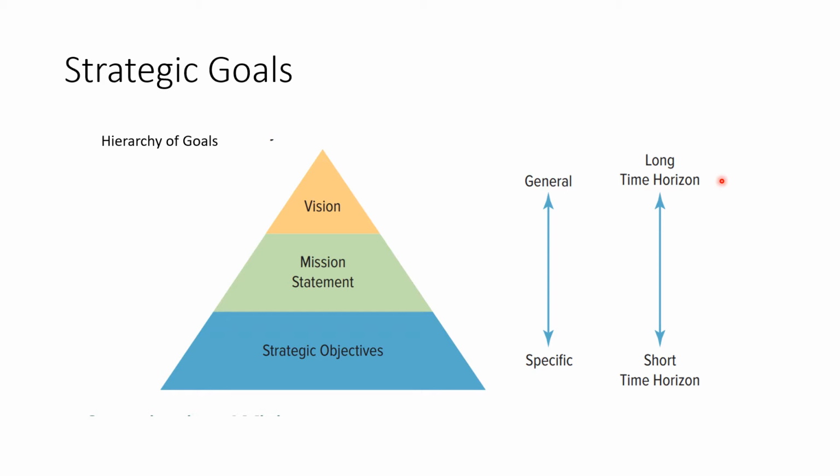Your mission statement is a bit more specific, and in terms of time, it has to be nearer than your vision, shorter in terms of the time frame than your vision. Your strategic objectives, these are very specific objectives that your company has to achieve in the short term. Again, your strategic objectives must be very specific, and it has to be achievable in the short term.